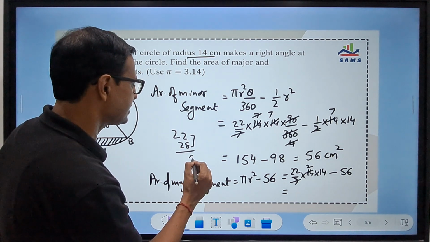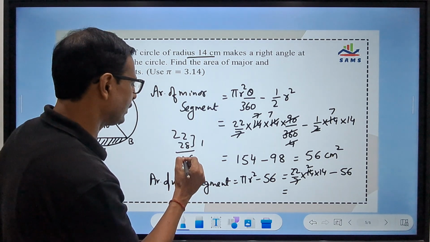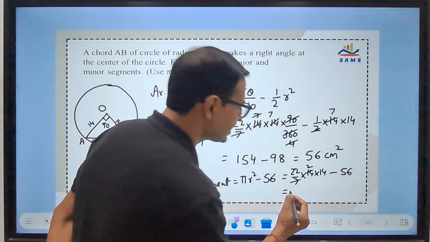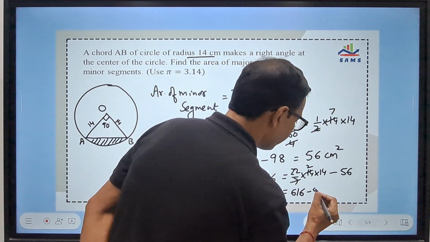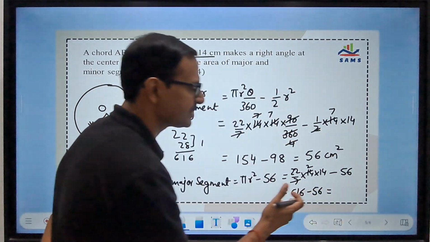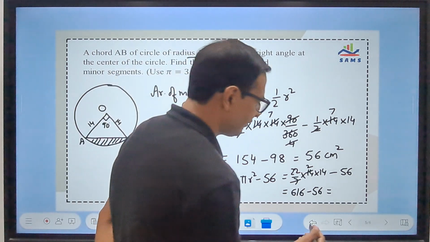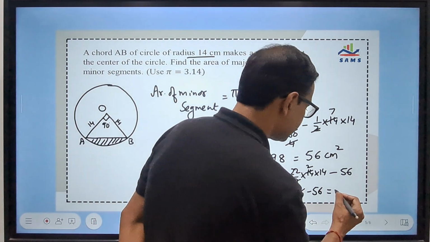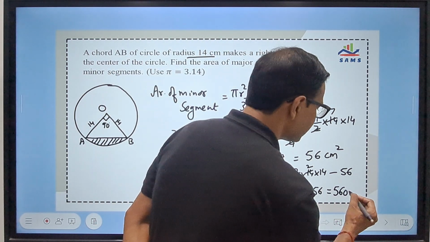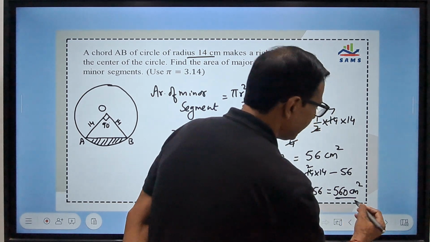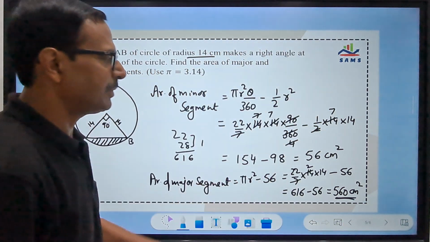So that is 16, 6, 1 carries 17 and 4, 21, 1, 2 carries 6, 616 minus 56, and that gives me the answer for the question. I think this will be 560, if I am not wrong, 560 centimeters square. That will be area of the major segment.